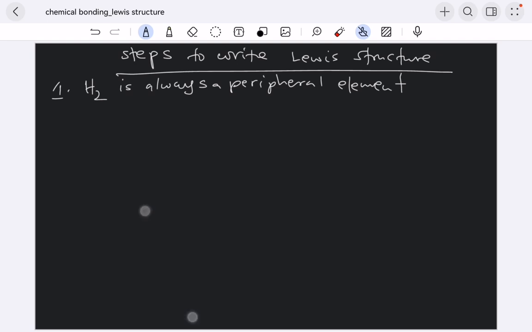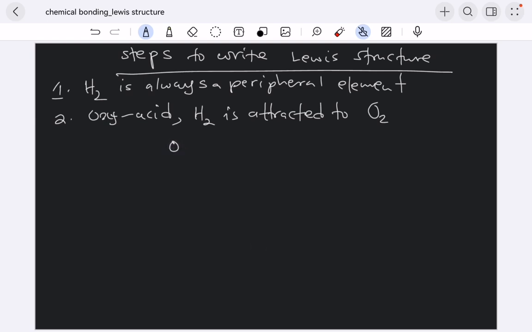I will give more context to this. When we're dealing with an oxoacid, hydrogen is attracted to oxygen. So in a case where there is an oxoacid, hydrogen will be bonded to oxygen, and you can see the demonstration there.